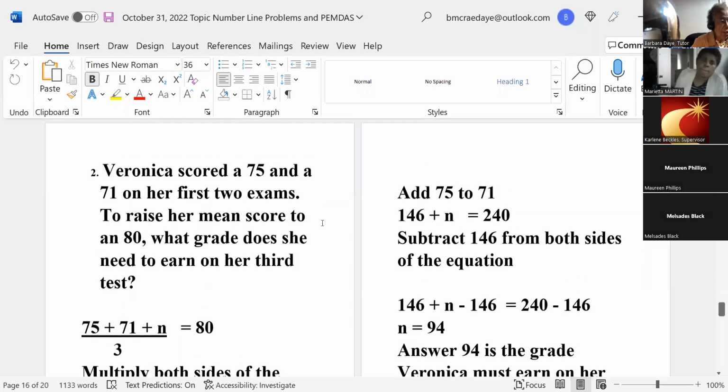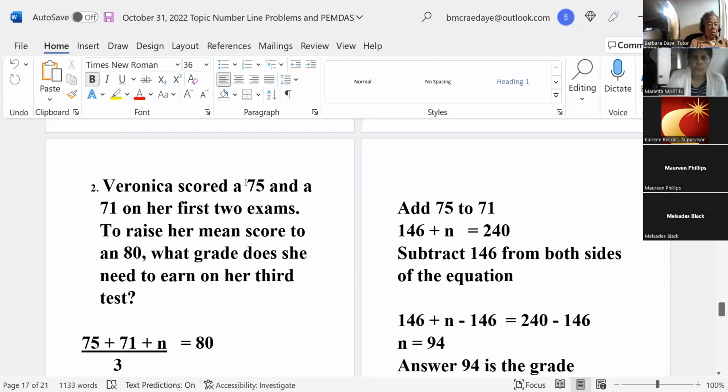Here is one. Veronica scored a 75 and a 71 on her first 2 exams. To raise her mean score to an 80, what grade does she need to earn on her 3rd test? That's another type of problem for mean, where you may be given numbers and you need to know what number you need to get to a certain mean.